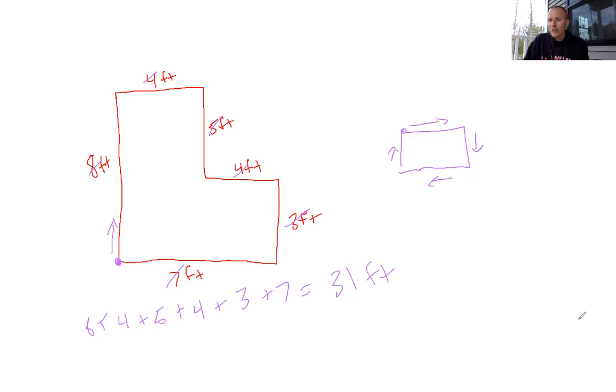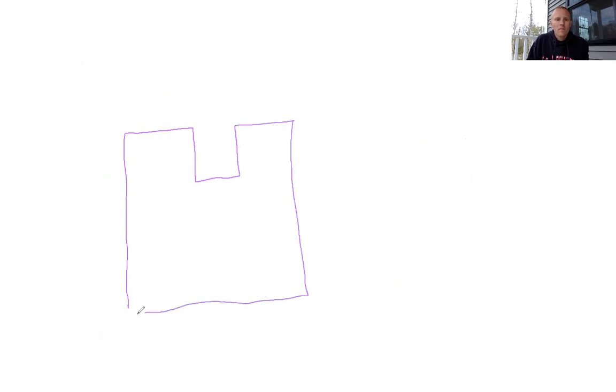But you will be asked to find the perimeter of shapes that are irregular and you're not given all sides. You have to figure some out. So for example, I might have something like this. All right. Again, pretend these sides are straight and pretend that that is connected there.